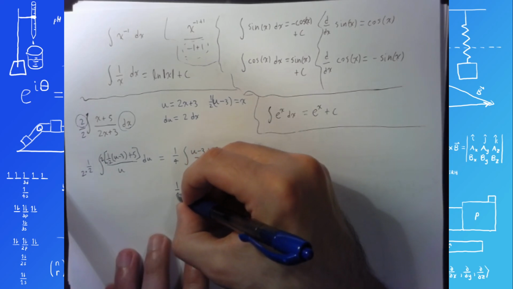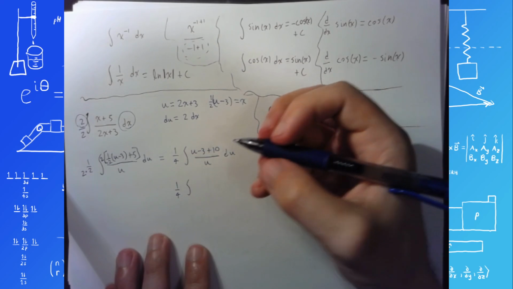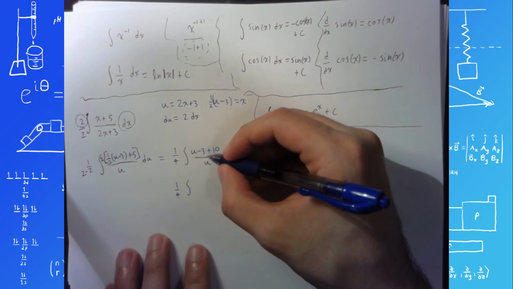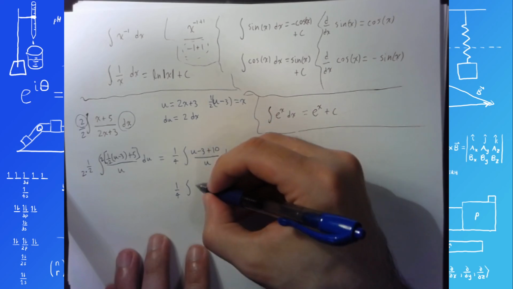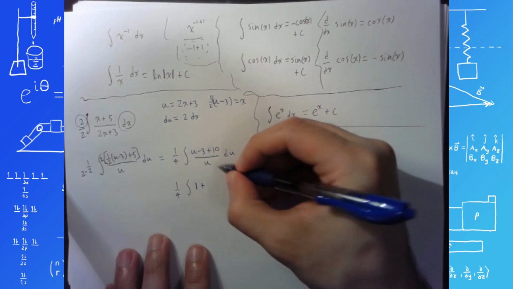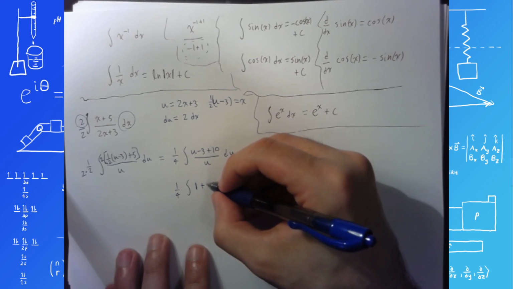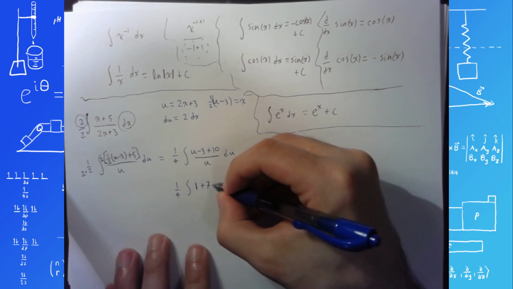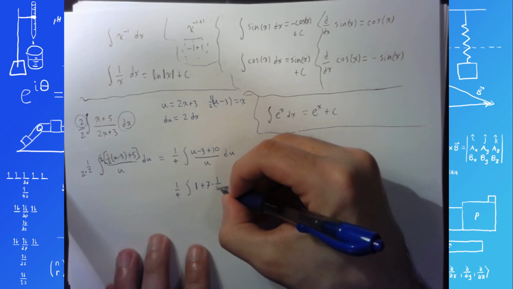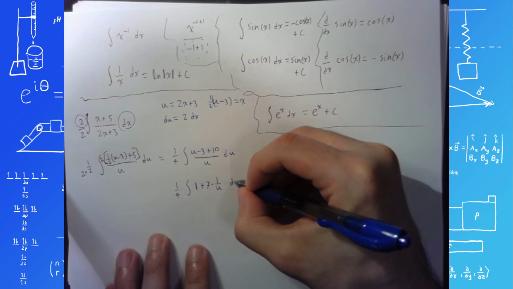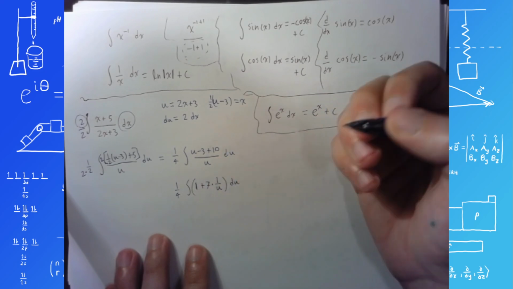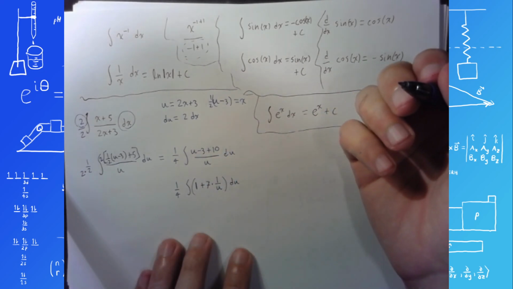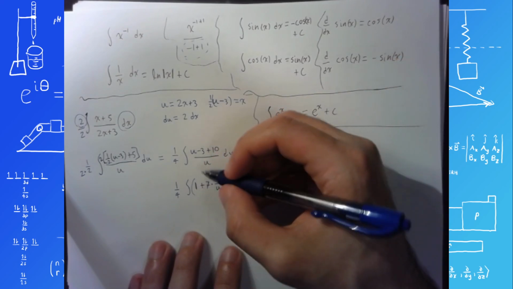So that's going to be 1/4 integral of u plus 7 over u. U over u is 1, plus 7 over u, well, 7 times 1 over u is how I'm going to write it, du. Okay, it's going to involve a logarithm.